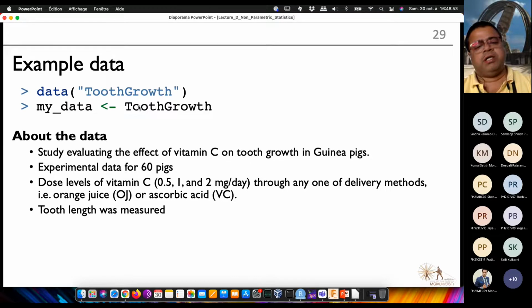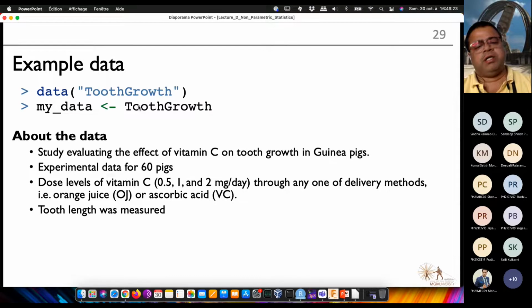Those people who have had the tooth problem, who get a cavity in their tooth, have to get a root canal done. You will know that when you get this root canal thing, the doctors will prescribe you vitamin C. The same way in guinea pigs also there is a certain dosage of vitamin C. Guinea pigs are small animals.